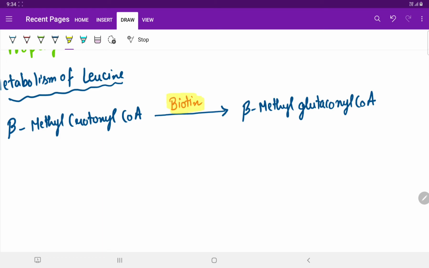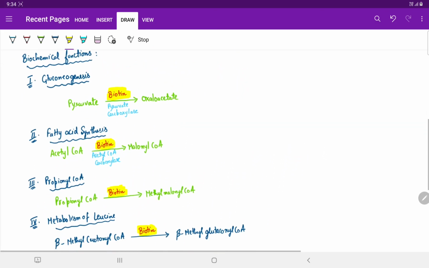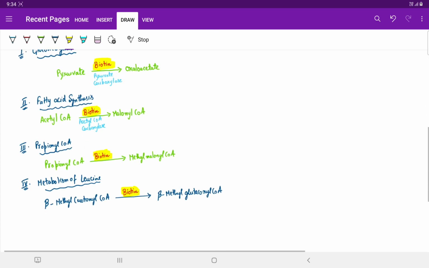So these are some of the major biochemical functions of biotin. You can see how it serves as a coenzyme in these reactions.